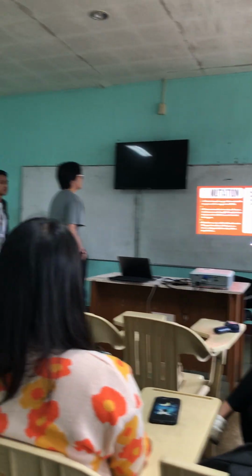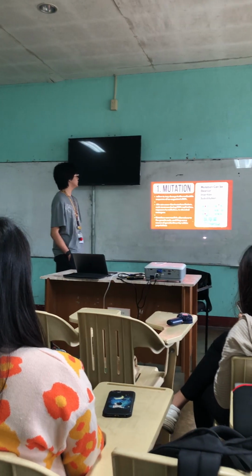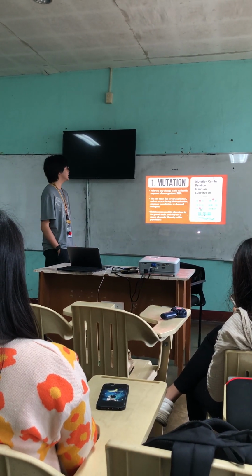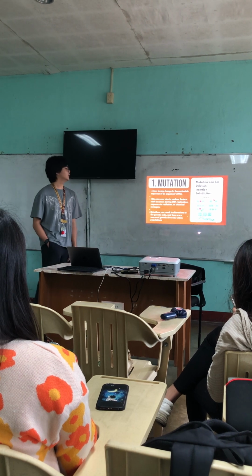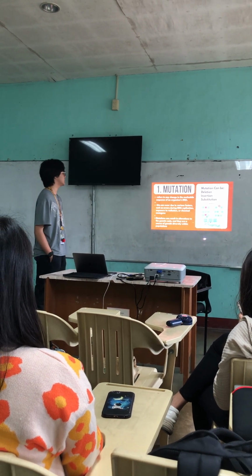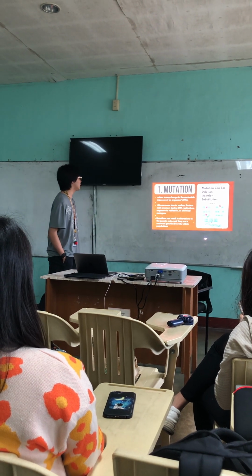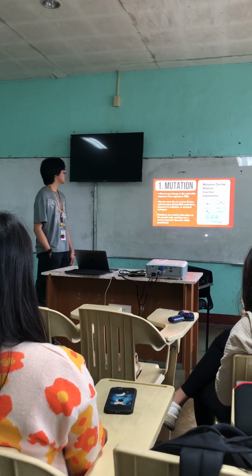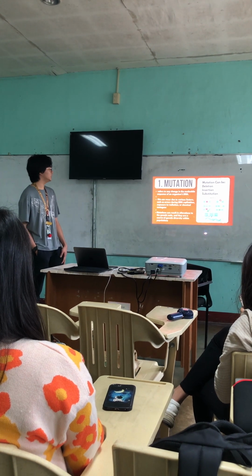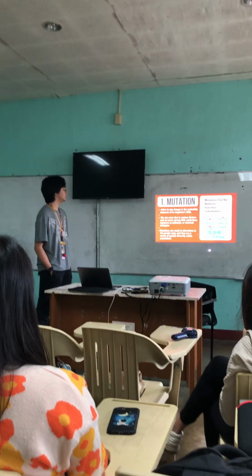So first, let's discuss mutation, which refers to any change in the nucleotide sequence of an organism's DNA. This occurs due to various factors such as errors during DNA replication, exposure to radiation or chemical mutagens. Mutations can result in alterations to the genetic code, and they are a source of genetic diversity within populations.